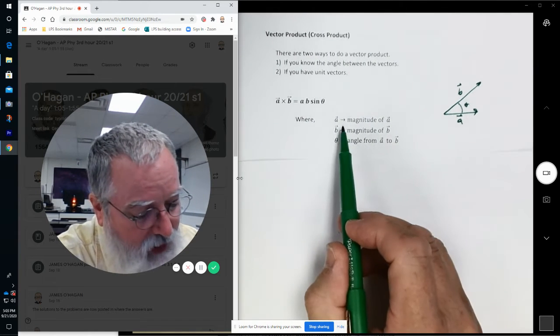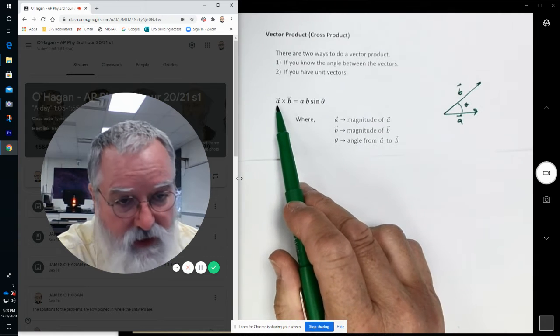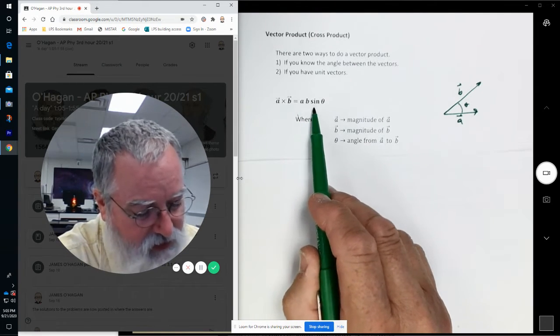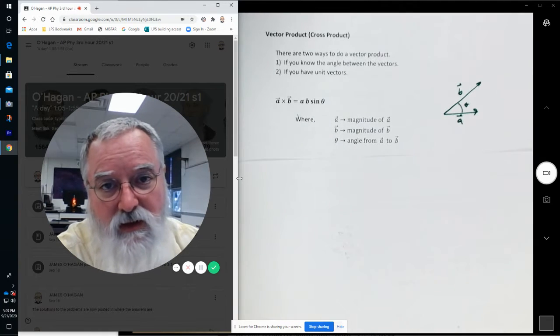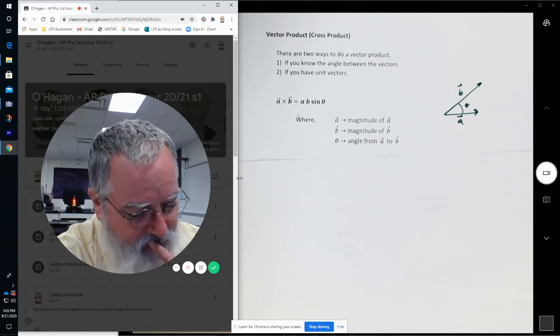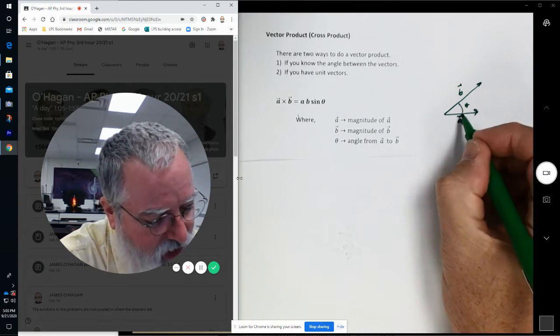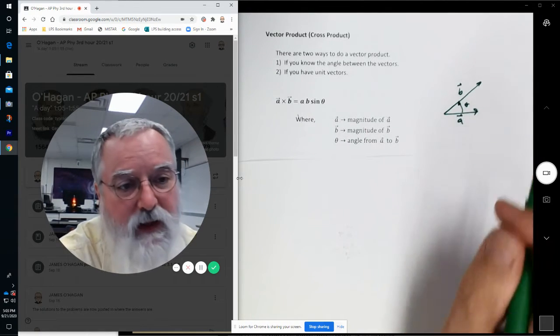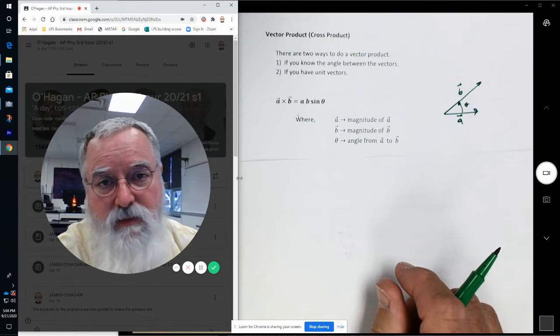A is again just the magnitude of A, B is just the magnitude of B, just the size of it, and then the sine of the angle. Now the angle is a little more than just the angle between the two vectors we had last time. This one definitely is the angle from your first vector, A, to your second vector, B. The direction ends up being important.